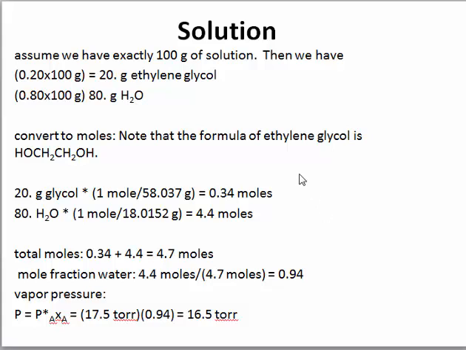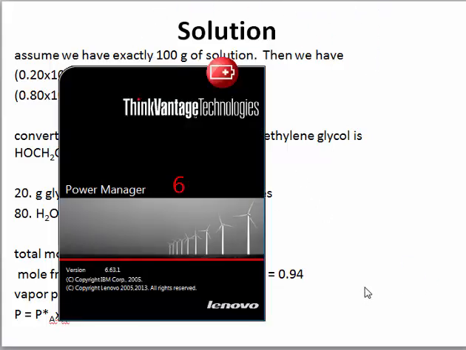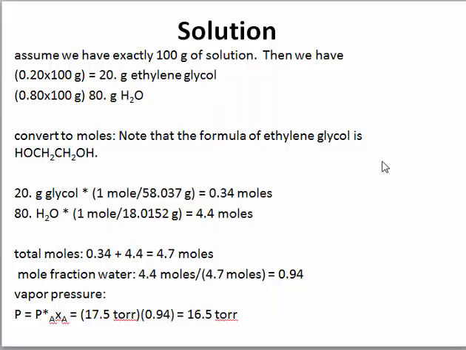Again, the problem becomes easier if we assume 100 grams of solution. Then we have, because we know the mass percentage of the solution, 20 grams of ethylene glycol and 80 grams of water.